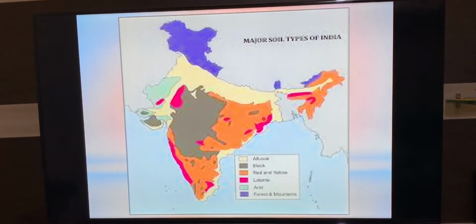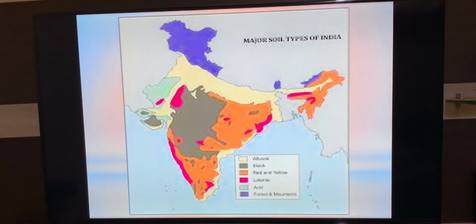The next soil we will learn about is laterite soil, the pink in color. Laterite soil is mainly found in a tropical region, where the condition is high temperature and heavy rainfall.